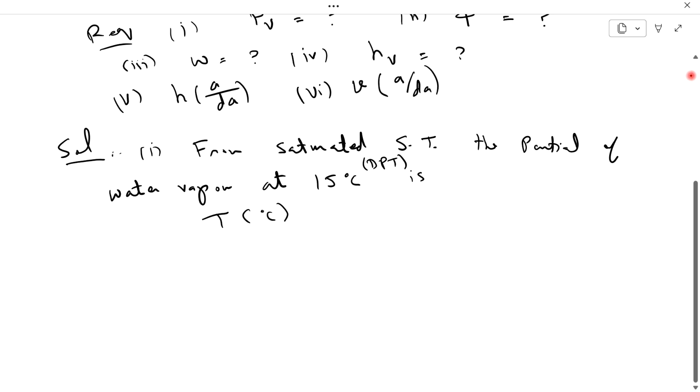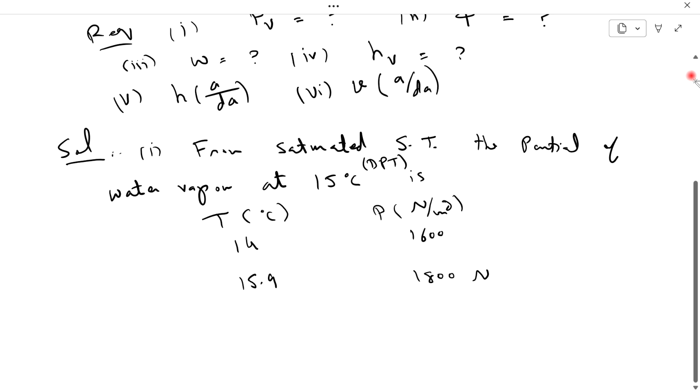Temperature in degree centigrade, and pressure in Newton per square meter. In the steam table, 14 degree centigrade is available and 15.9 degree centigrade. At 14 degree centigrade the pressure is given as 1600 Newton per square meter or 1600 Pascal. At 15.9 the pressure is 1800 Newton per square meter.